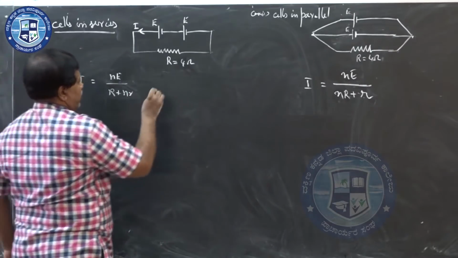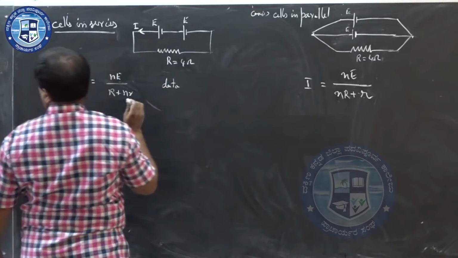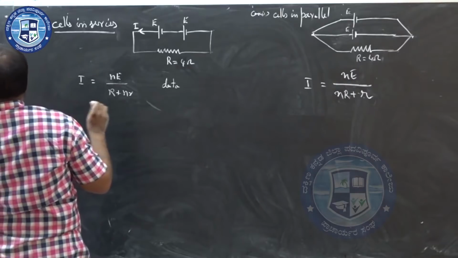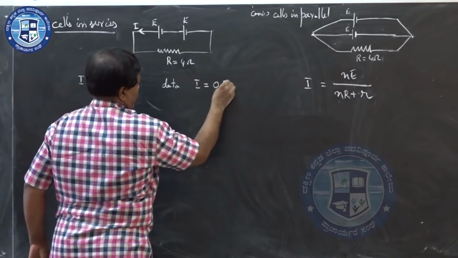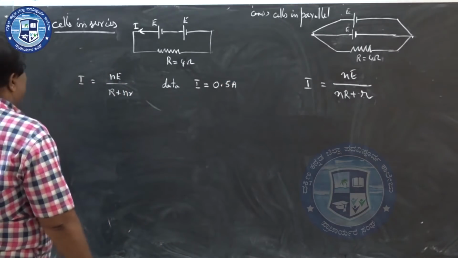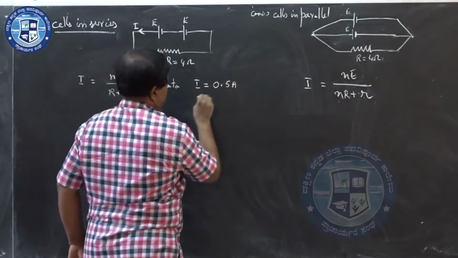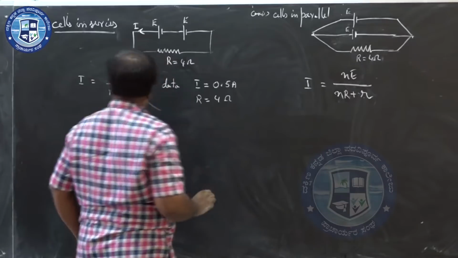So, from the problem, the data given are current I is equal to 0.5 ampere, external resistor with resistance R 4 ohm.